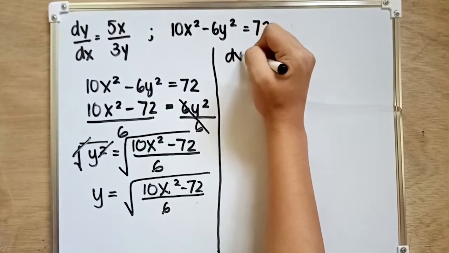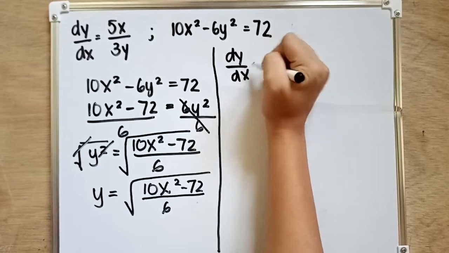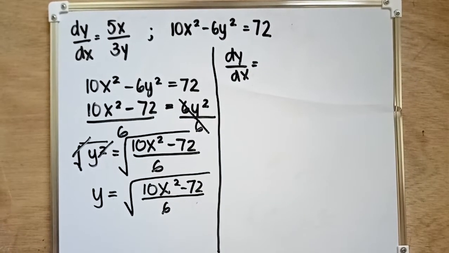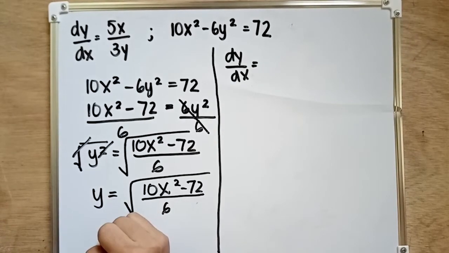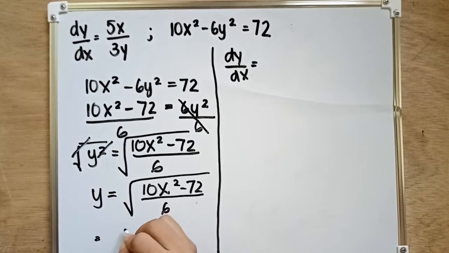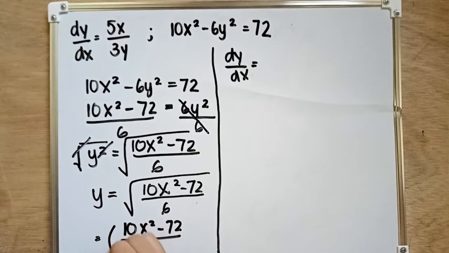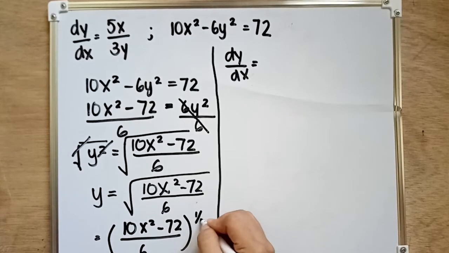Magiging dy over dx is equal to ang square root of 10x squared minus 72 over 6, ay equivalent to 10x squared minus 72 over 6 raised to 1/2.